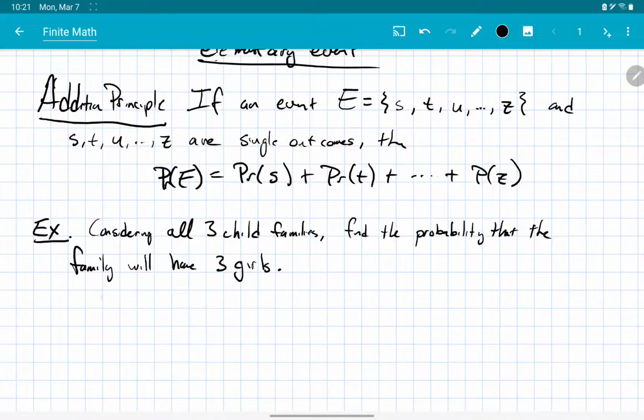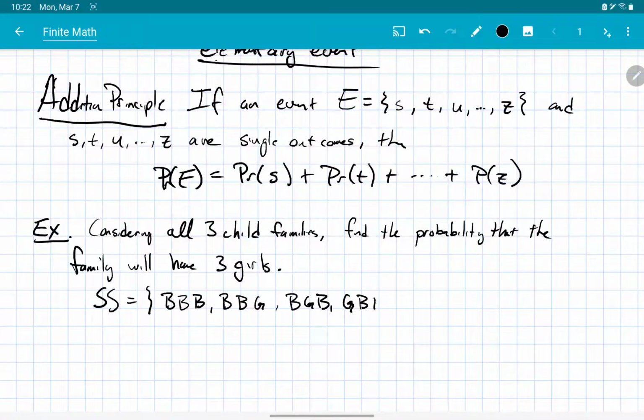Okay, so we can write the sample space here. We could have boy, boy, boy; boy, boy, girl; boy, girl, boy; girl, boy, boy. Okay, that exhausts the all boy and single girl possibilities. Then we have girl, girl, boy; girl, boy, girl; boy, girl, girl.